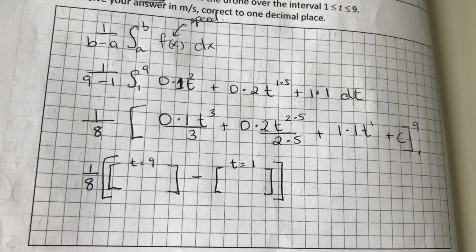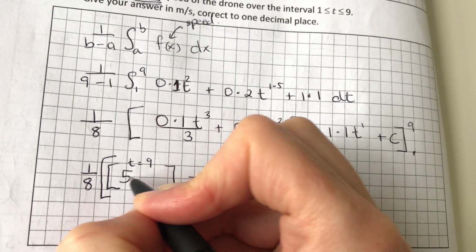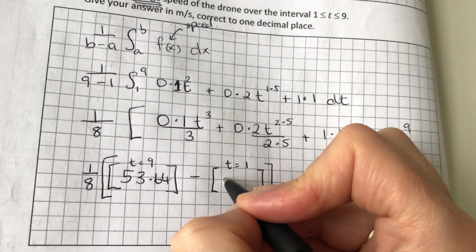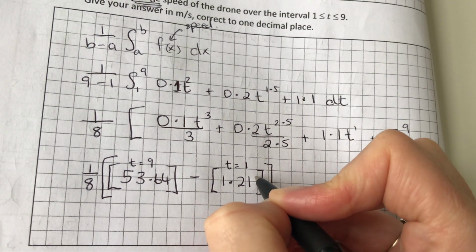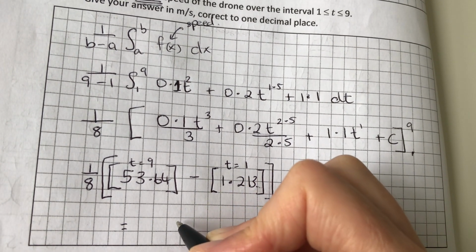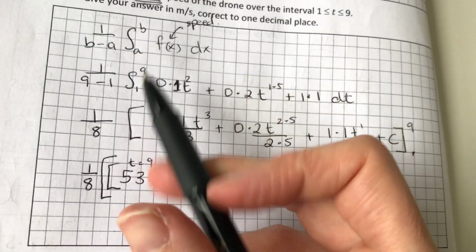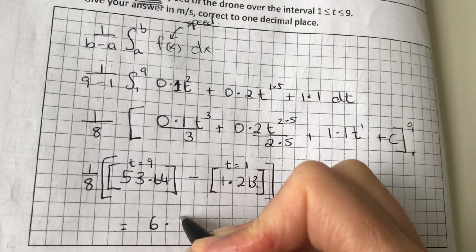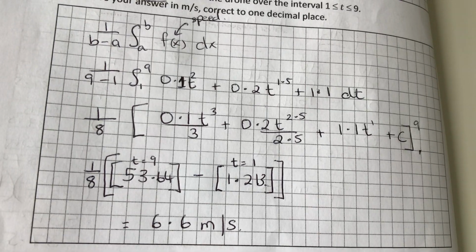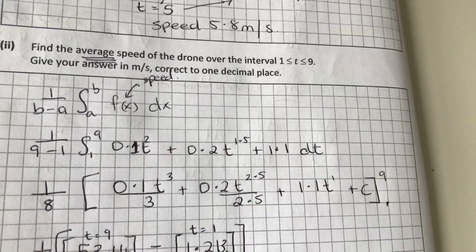So when t is 9, I think we end up with 53.64, and 1.2133. Eventually you come out with, and we are to round it to 1 decimal place, 6.6 meters per second. Make sure you put in your units. They're going to take a mark off me at some stage if I don't put in my units.